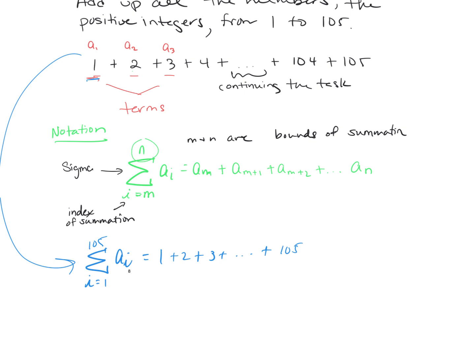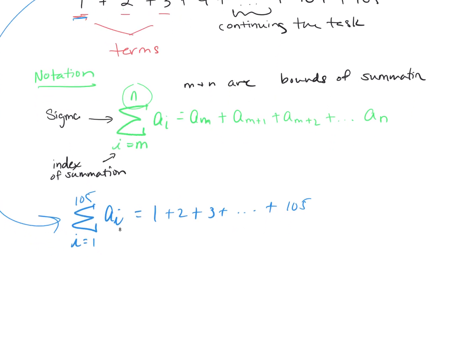What I want you to see is that there are different ways notation can be written. I don't always have to have the index of summation be an i. Here's an example, I did i equals m to n of a sub i.